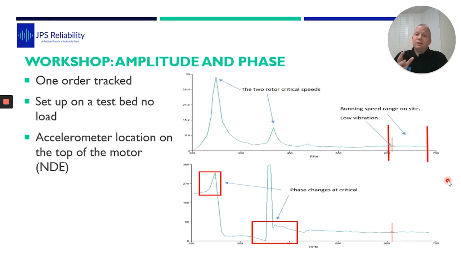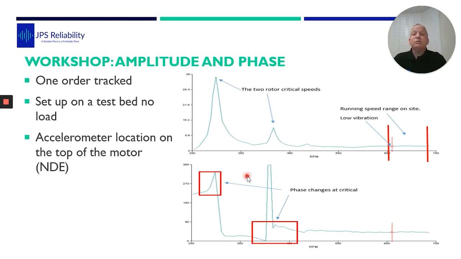Now, next thing was to say, we have to eliminate any rotor issues or any rotor problems. The pump which failed was back in the shop. So we went to the workshop where the repairers were repairing the pump, and we did a coast up amplitude and phase plot. Basically, we put the transducer at the top of the motor where we knew we had the highest flex on site, tacho tape, to the analyzer, and did amplitude and phase.